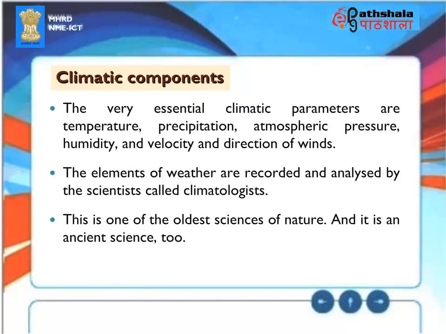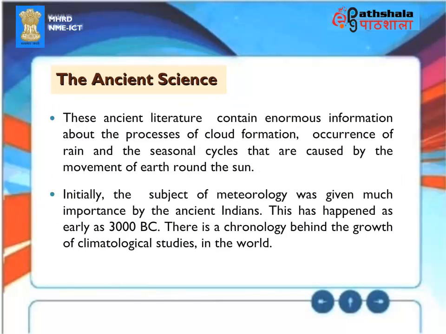The very essential climatic parameters are temperature, precipitation, atmospheric pressure, humidity, and velocity and direction of winds. The elements of weather are recorded and analyzed by the scientists called climatologists. This is one of the oldest sciences of nature, and it is an ancient science too.